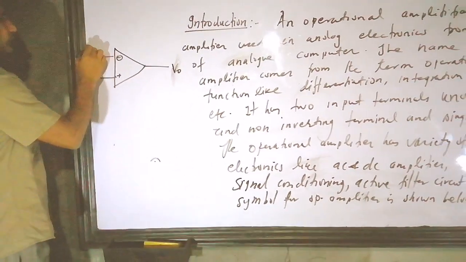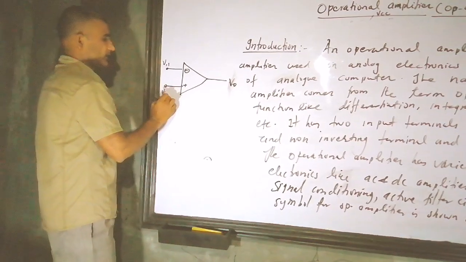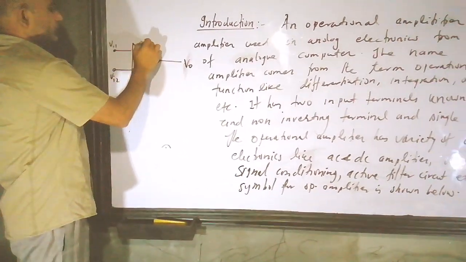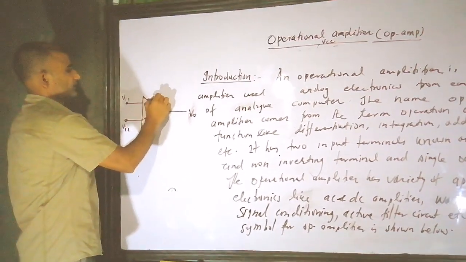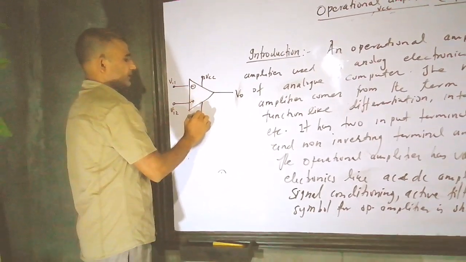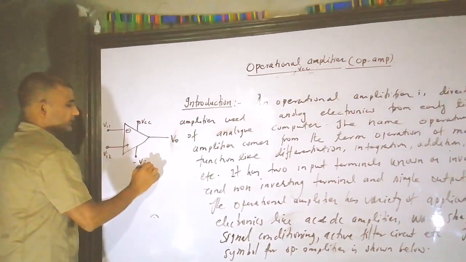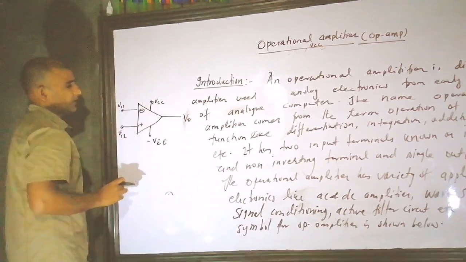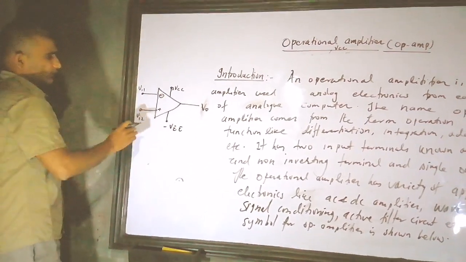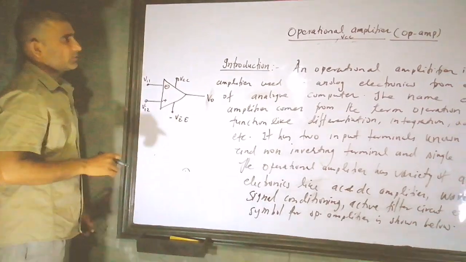These are the two inputs, Vi1 and Vi2. There is also a power supply used, plus VCC and minus VEE. Generally VCC and VEE are not shown. So this is the introduction part which I wrote.